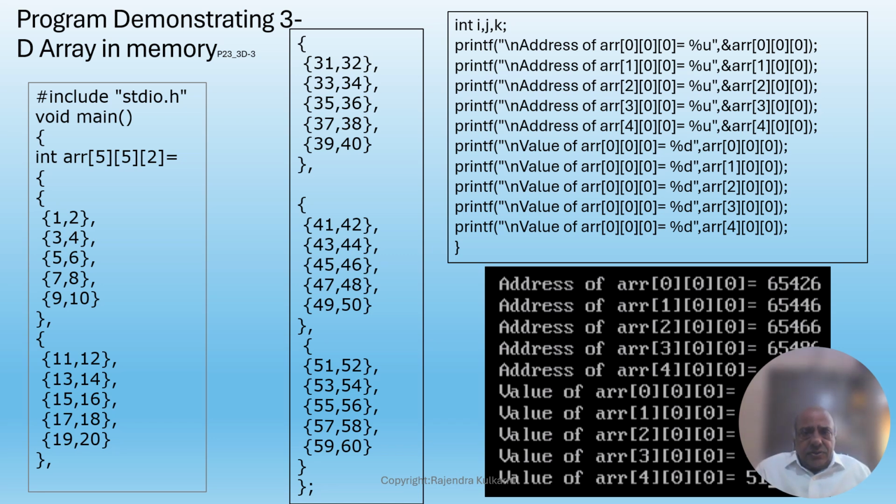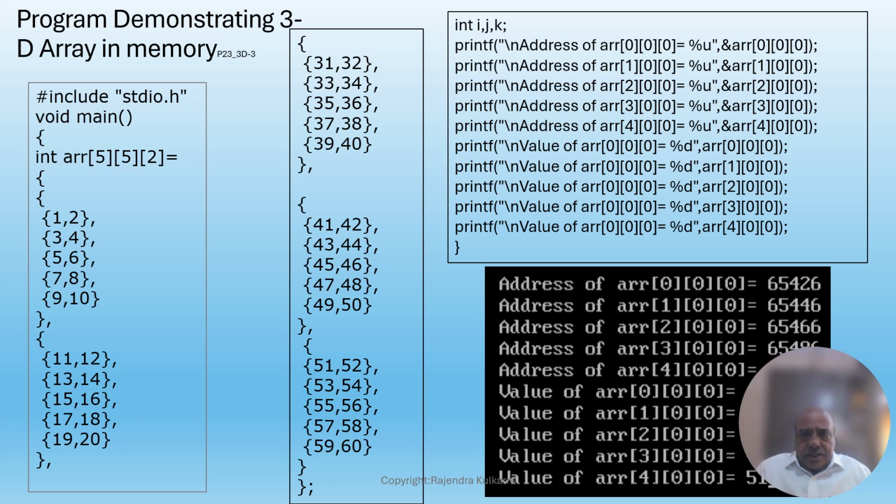How is a 3D array stored in the memory? We have already seen that a 3D array is stored in contiguous memory locations. So this program demonstrates the memory locations which will be occupied by the constants of this 3D array.